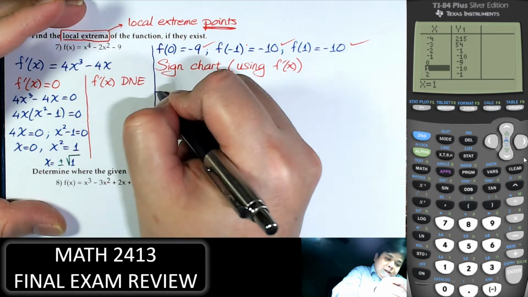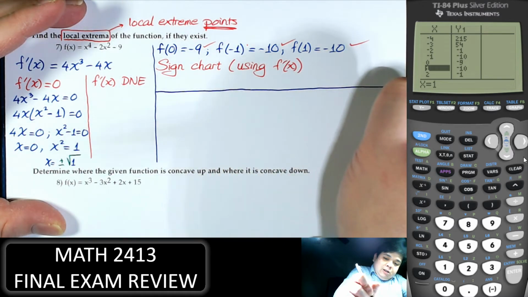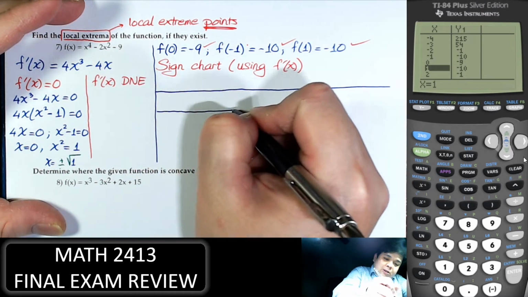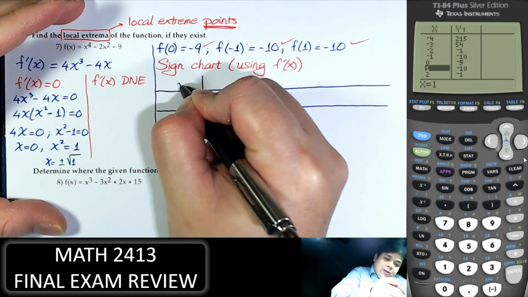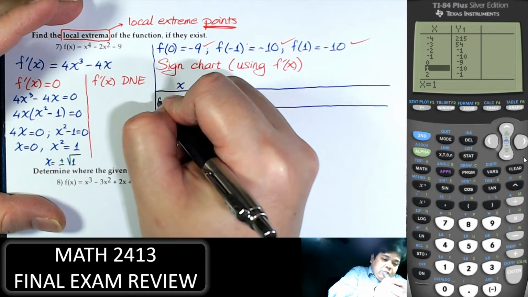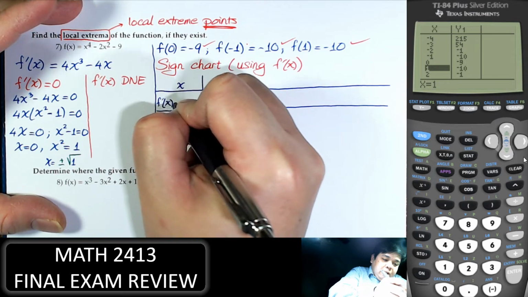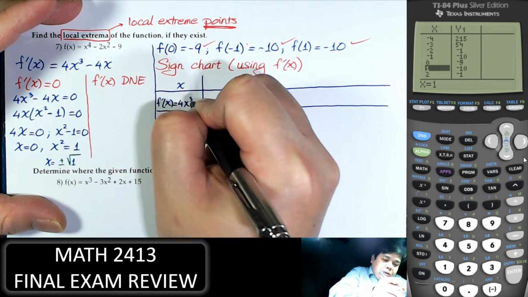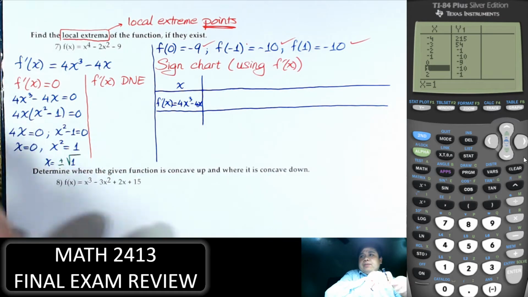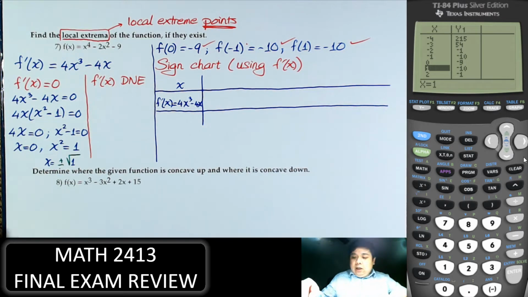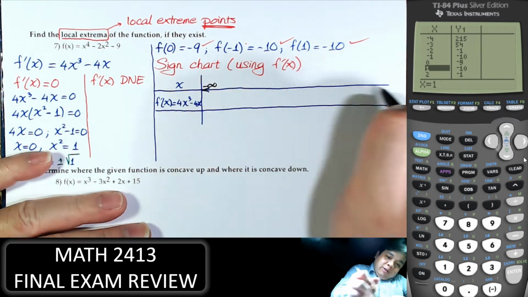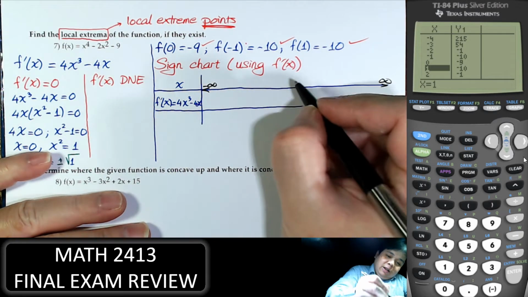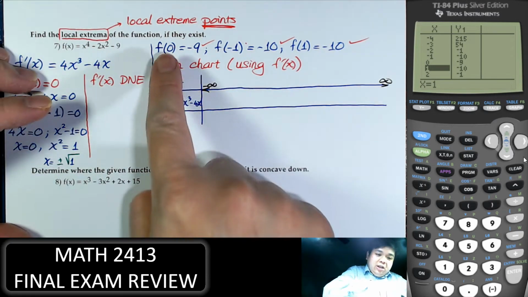Right, derivative for x cubed minus 4x. Right, and then negative infinity, infinity. We have 0, negative 1, and 1.